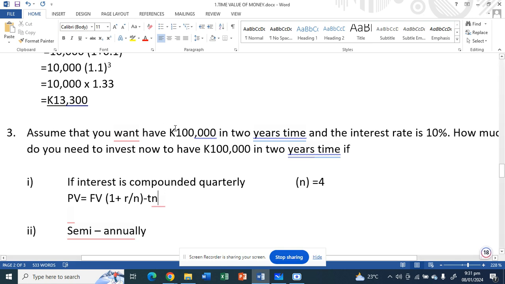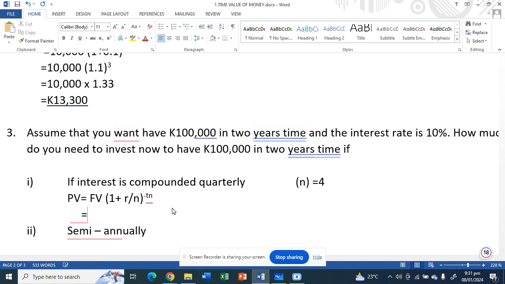So in this question, our future value, the money which we want to have in 2 years, is 100,000. Then our rate is 10%, and the time is 2 years.